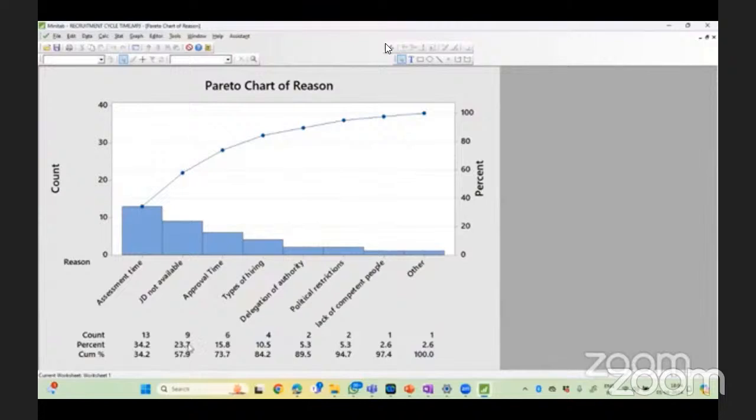And if you take the first two, the cumulative percent, 34 plus 23, is giving me 57%. And if you take the first 3 or first 4, it is giving me 84%. So if I take care of these 4 causes, assessment time, job description not available, approval time, and types of hiring, I will be able to solve 80% of my problem.